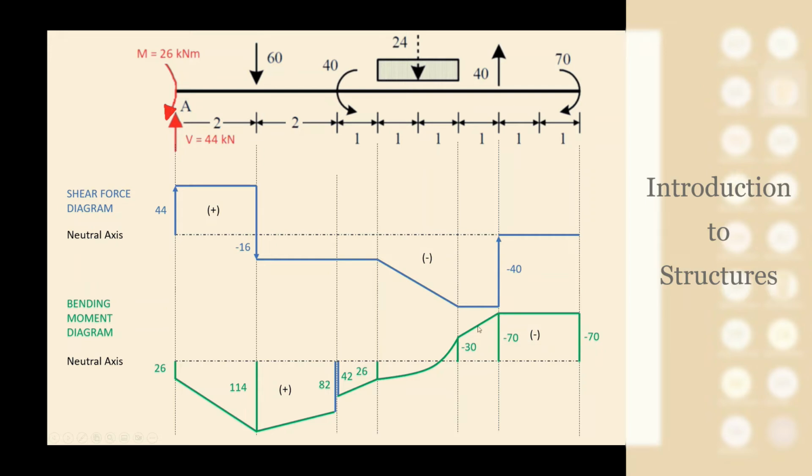Again, linear distribution of bending moments, constant distribution of shear forces. And in this interval, it's interesting because you have a constant distribution of the bending moment, and the value of the shear force is equal to 0 because the derivative of a constant is equal to 0, as you know from mathematics.